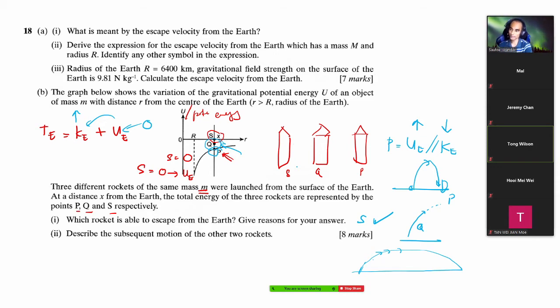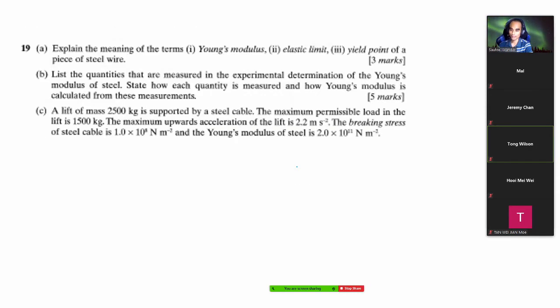Okay, we have done question number 18. Question number 19: explain the meaning of the terms Young modulus, tensile limit, yield point of a single wire. Who can give me the answer for what is Young modulus?